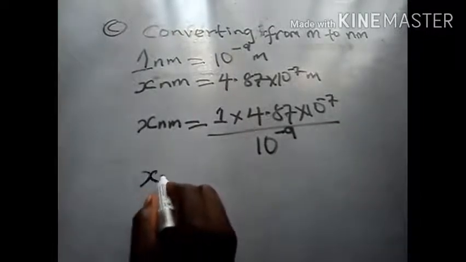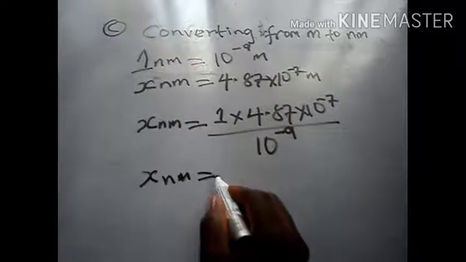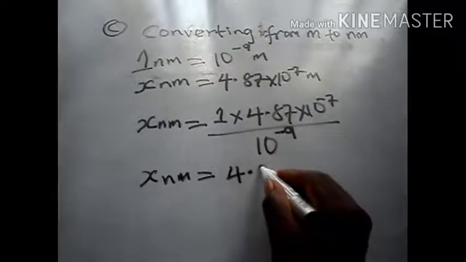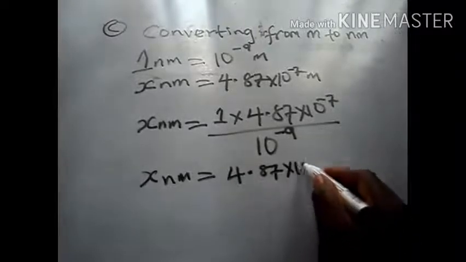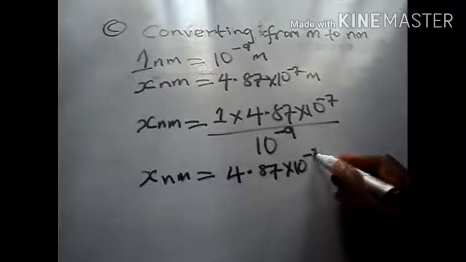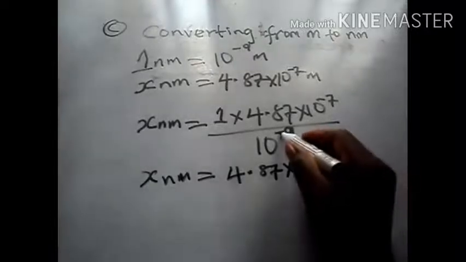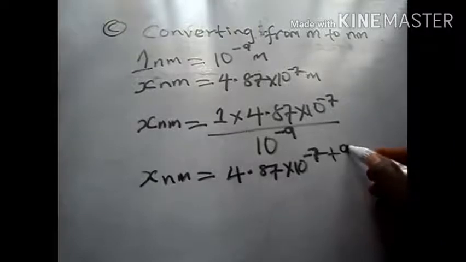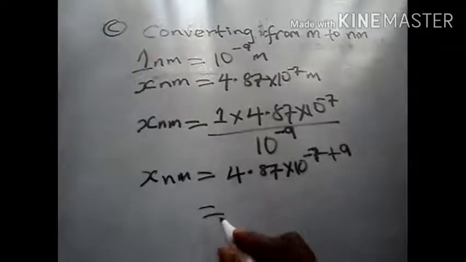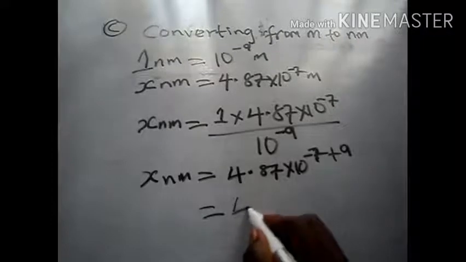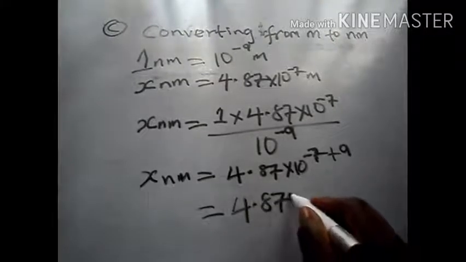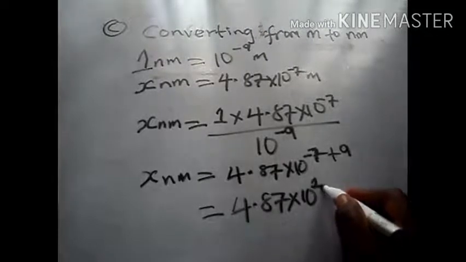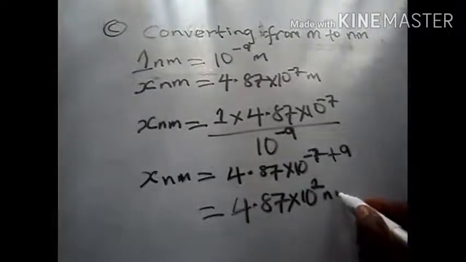So our x nanometer is 4.87 times 10 raised to power negative 7. So when we apply our indices here again, we have positive 9. So this is the same as 4.87 multiplied by 10 raised to the power of 2 nanometer.